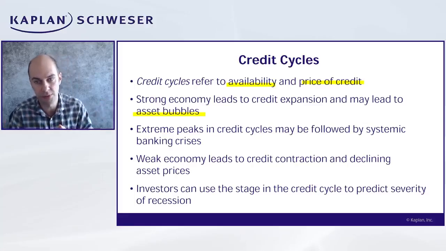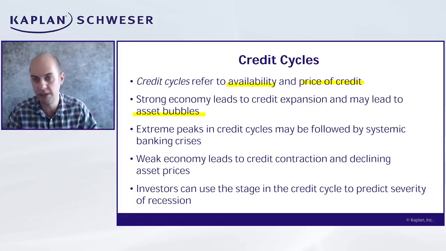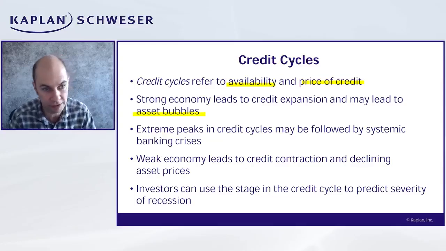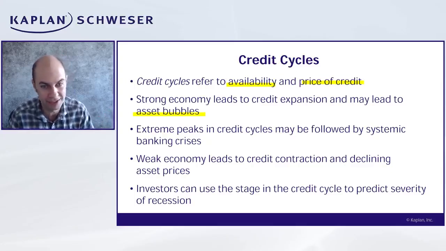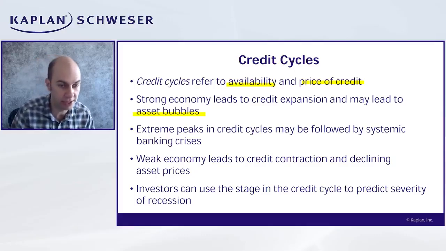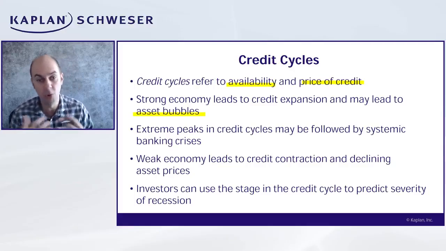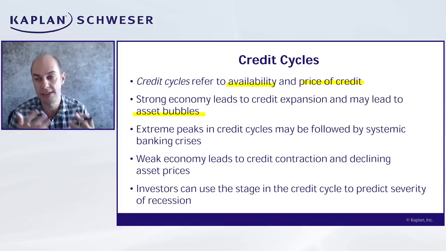If interest rates were very low, if lenders were very confident, if mortgage brokers were very confident, if rating agencies were very confident, if borrowers were very confident, if we were relaxing our lending standards, lending to NINJAs, no income, no job, no assets type of borrowers, well, of course, that's gonna lead to asset bubbles.